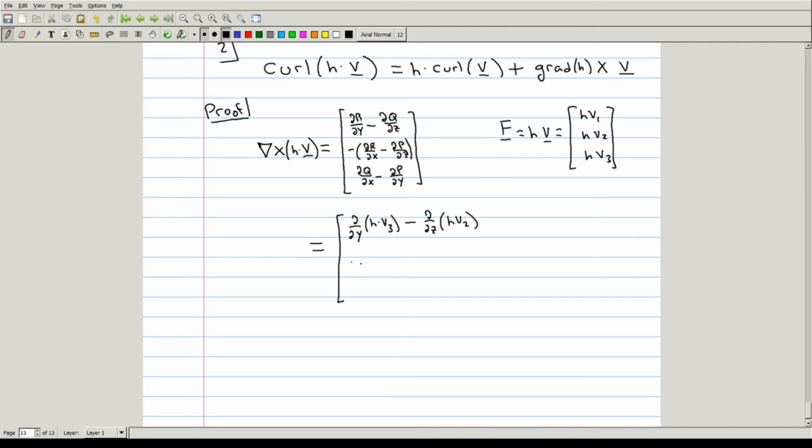It'll be the z partial derivative of P, which is H times V1, minus the x partial derivative of R, which is H times V3.